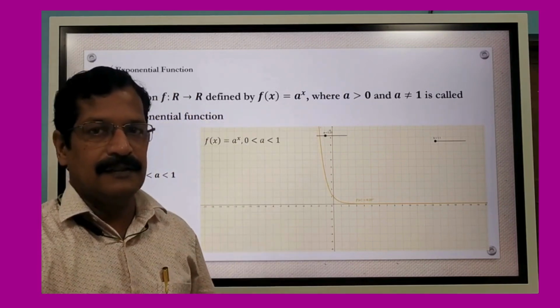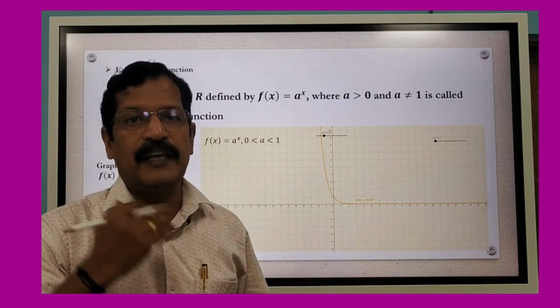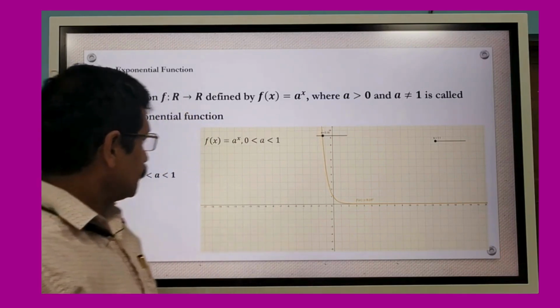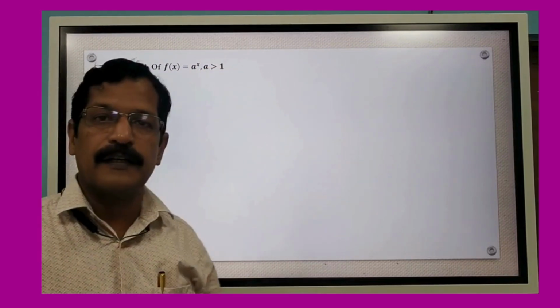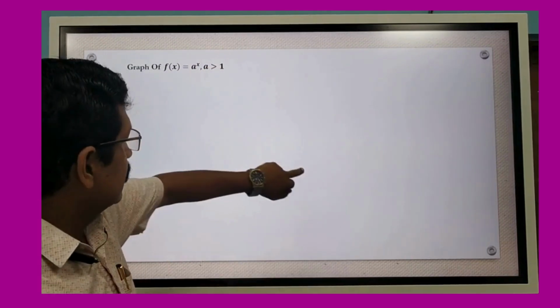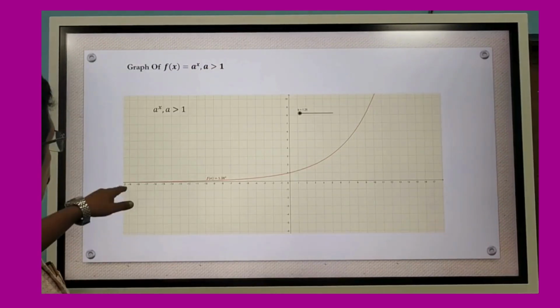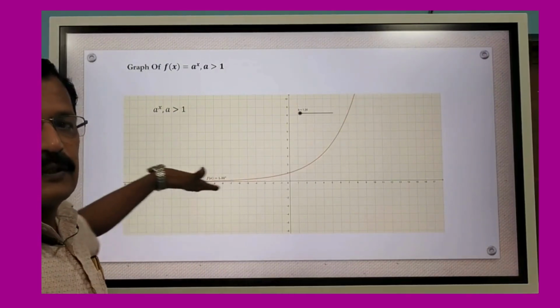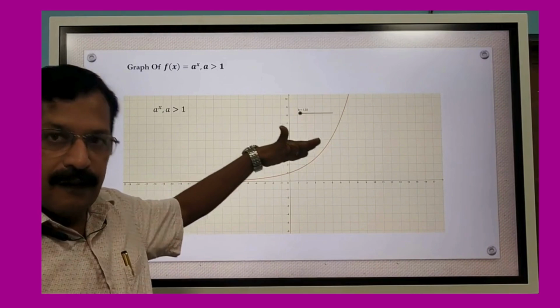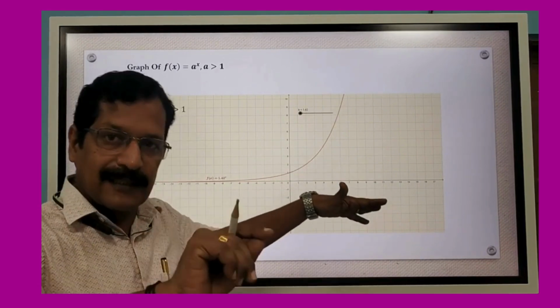Now let us see what happens when a is greater than 1. So graph of f of x is equal to a raised to x when a is greater than 1. So this is the graph. This is the graph of f of x is equal to a raised to x, the exponential function, when a is greater than 1.